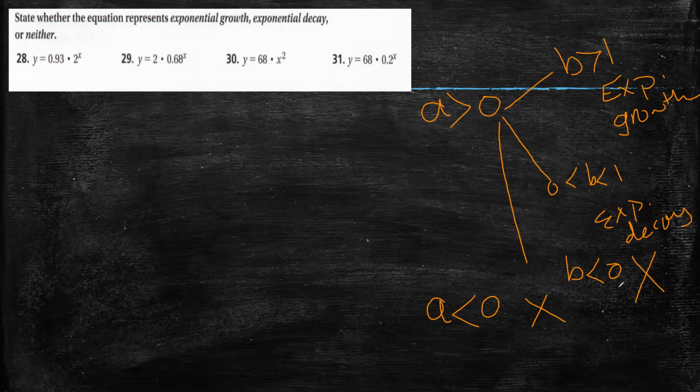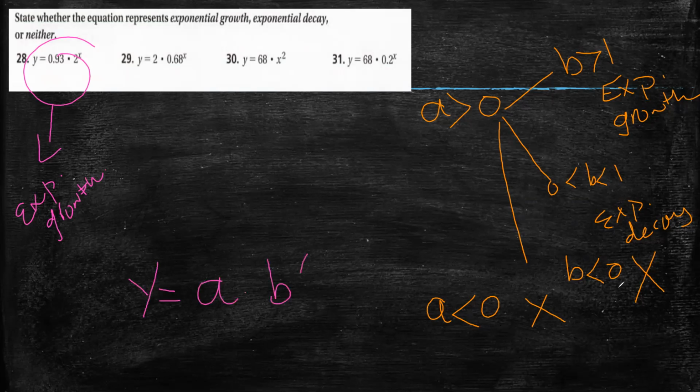B, is it greater than 1 or less than 1? Greater than 1. So I will say that this one is exponential growth. Be careful. The function must be y equals A times B raised to the power x.